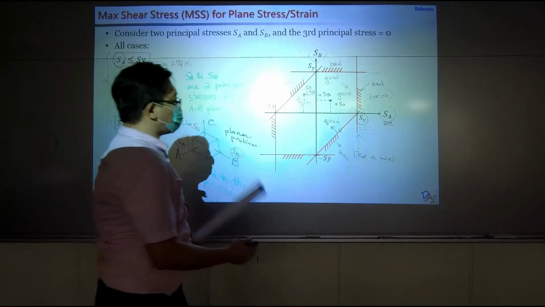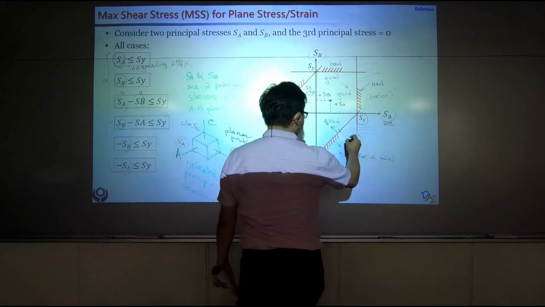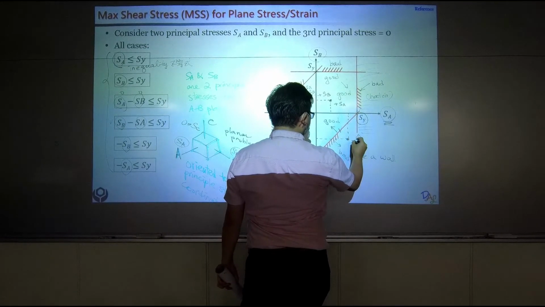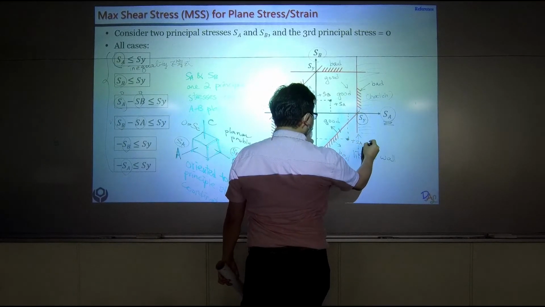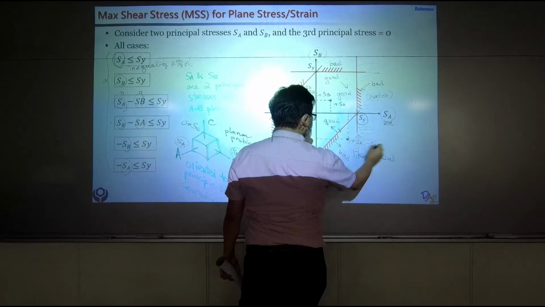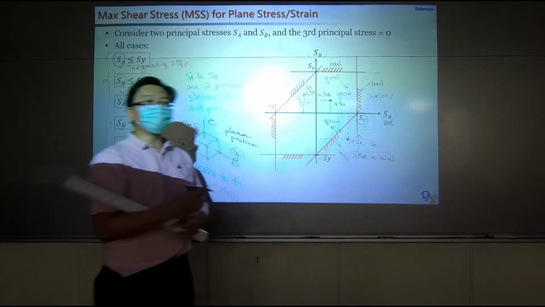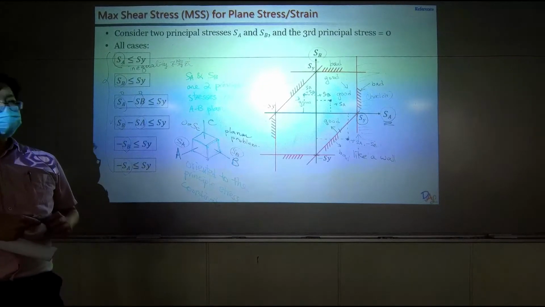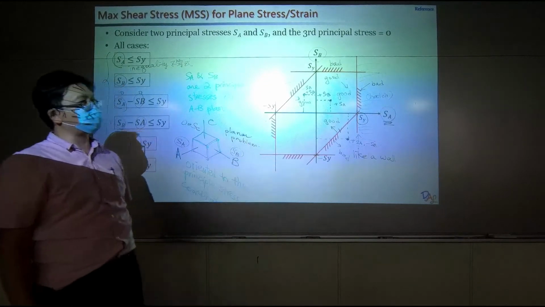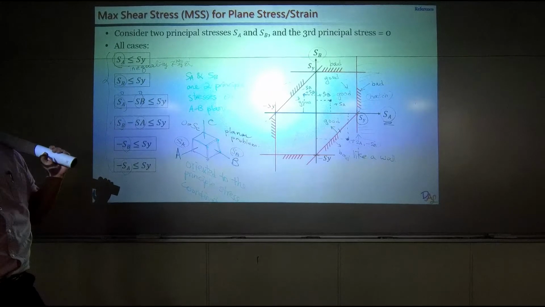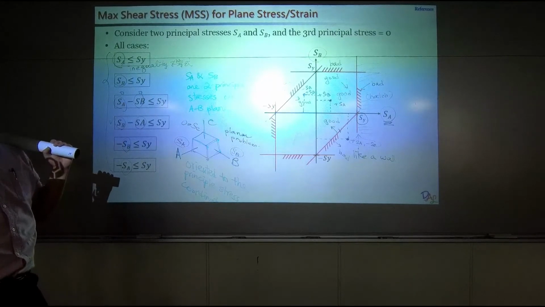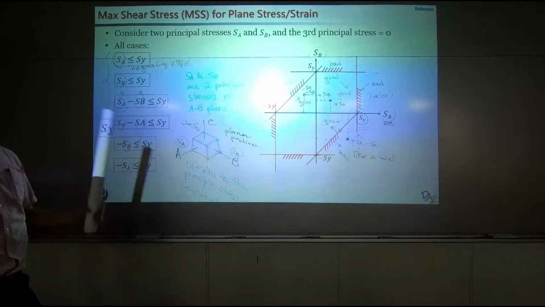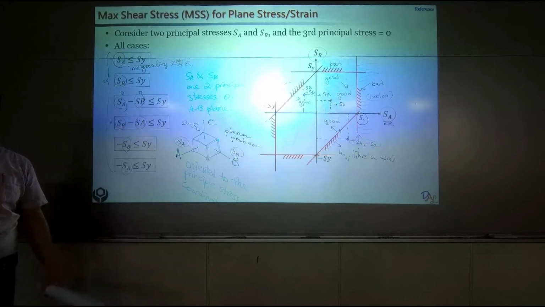But if one day we have a design like right here, I have positive SA, negative SB, but it's over the boundary, it will yield. It will yield if that's the case. Okay, so this is the maximum shear stress model.